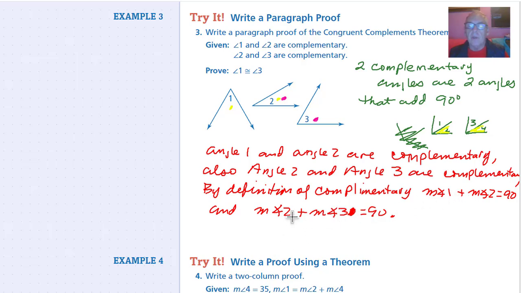So since 90 is equal to 90, we can substitute.